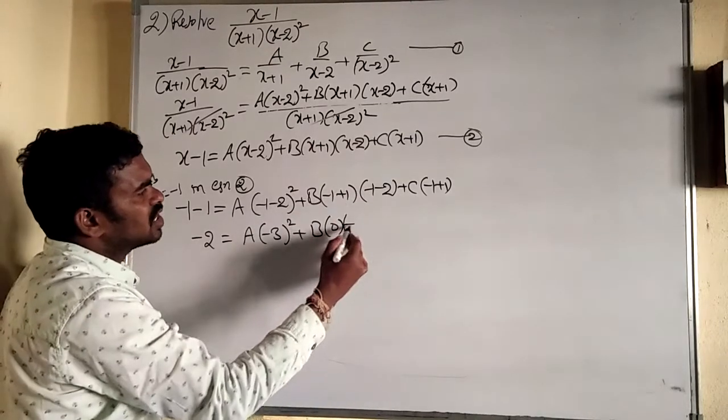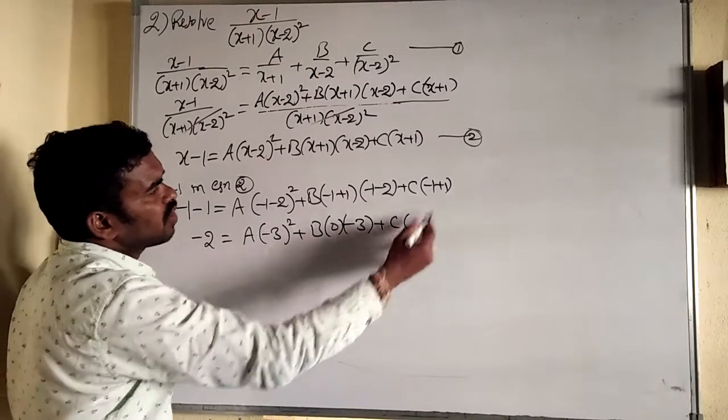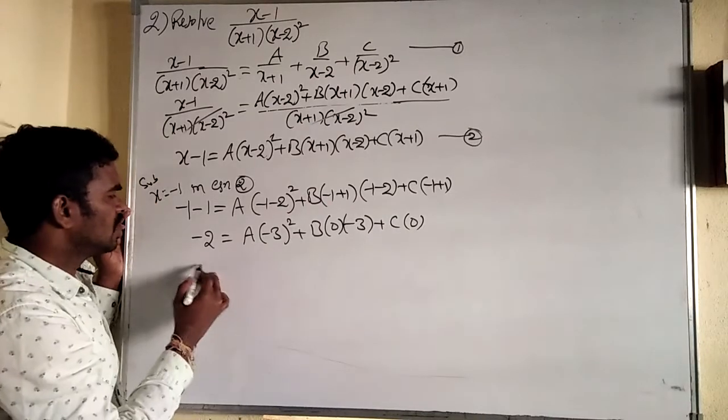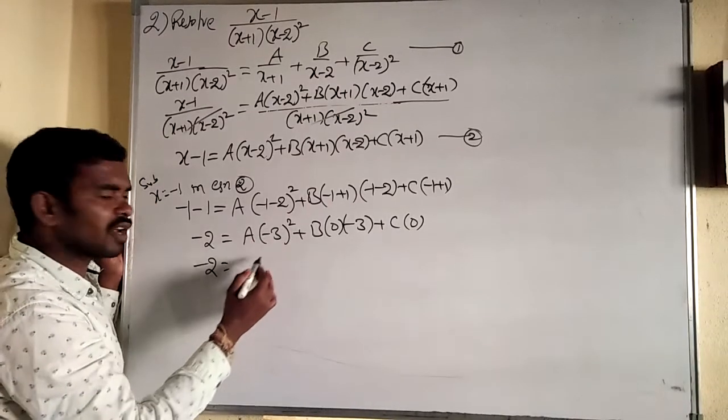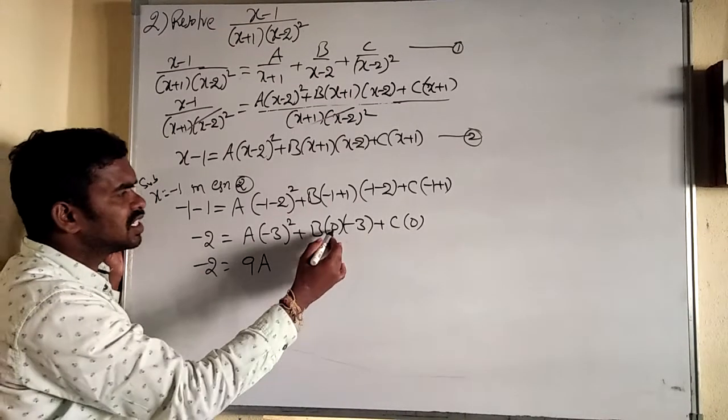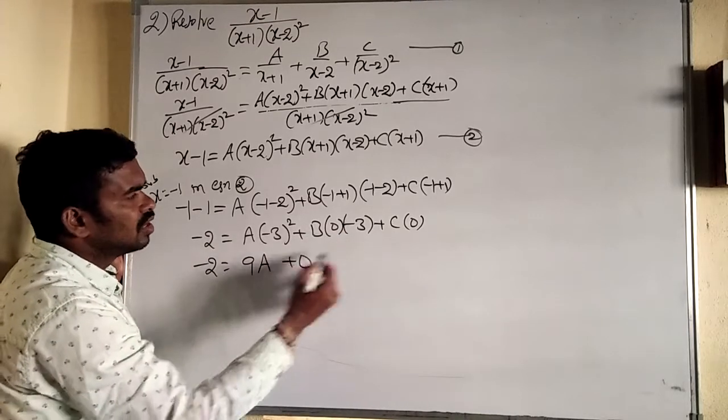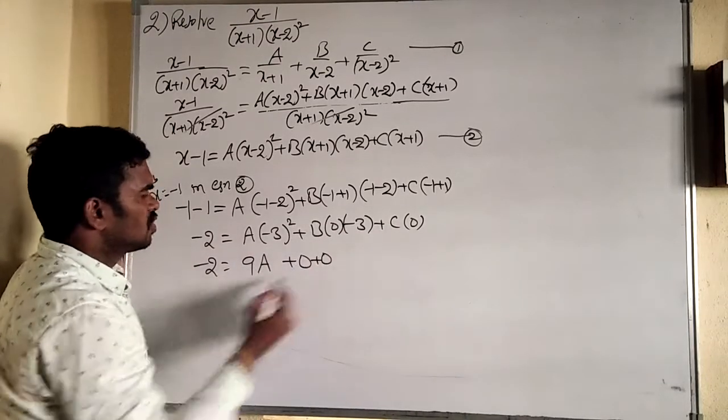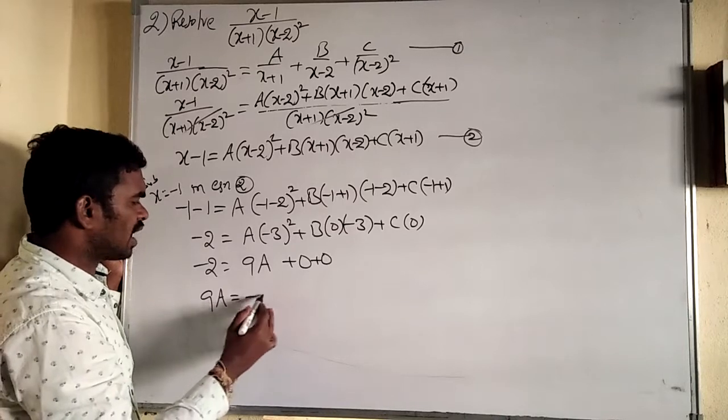And −1 − 2 is −3. Plus c into (−1 + 1), which is 0. So −2 = 9a. See, 0 into something is 0. So finally 9a = −2.